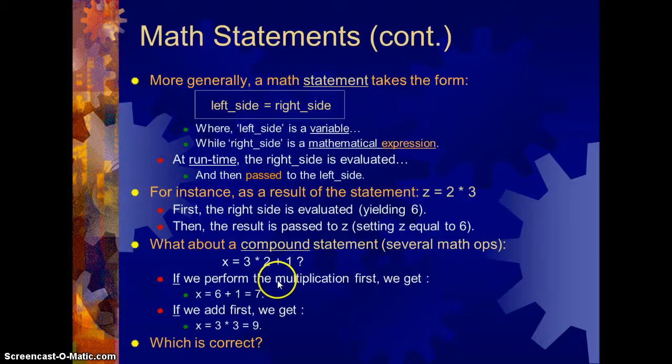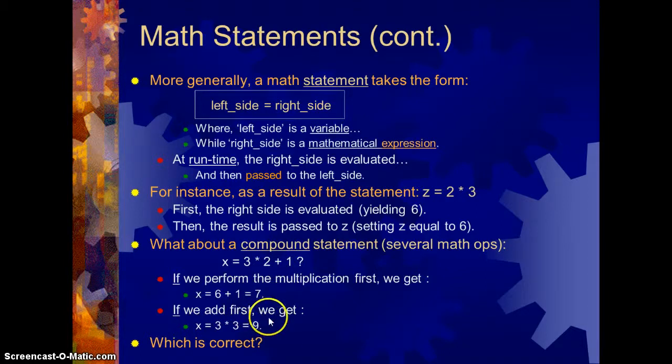We don't want ambiguity there; we want a single meaning. So we can decide on an order in which to do this. We make a rule: multiplication is always done before addition, unless you put parentheses around the addition, in which case the addition would be done first.